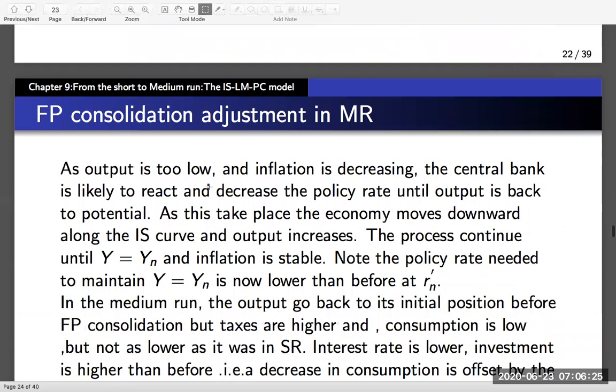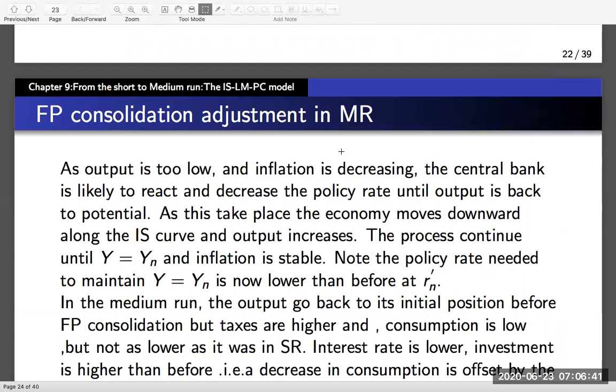Next, let us discuss what happens in the medium run. As output is too low and inflation is decreasing, the central bank is likely to react and decrease the policy rate until output is back to potential. When this takes place, the economy moves down along the IS curve.